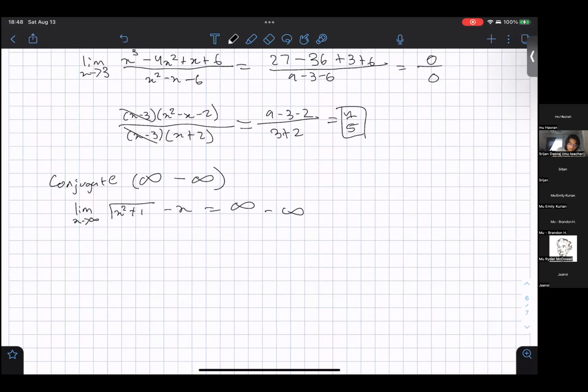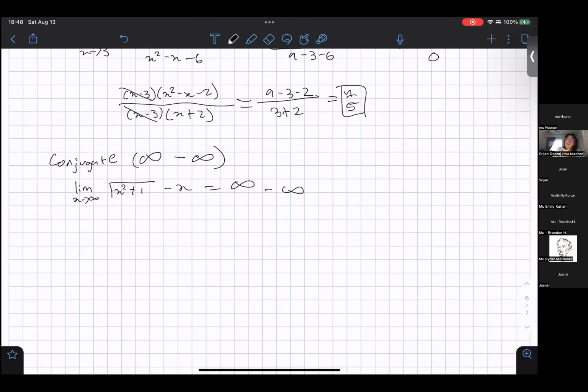So what we're going to do is multiply by the conjugate. A conjugate is just like this but positive, and that allows us to use the difference of squares, which basically says x plus y times x minus y is equal to x squared minus y squared. And you can extend this also to cube roots and fourth roots and so on.